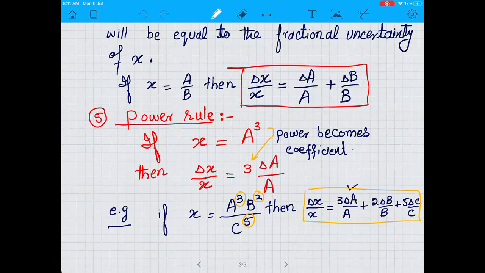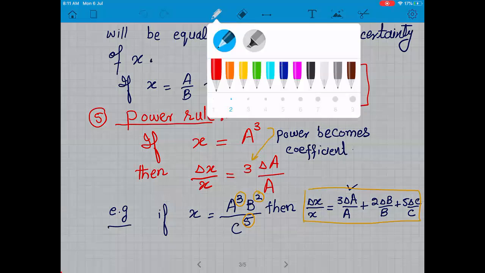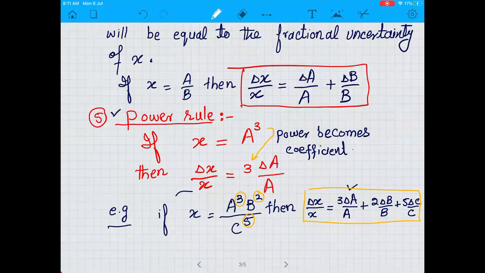Basically, for product and division, we have the same method to calculate the fractional uncertainty in the answer. Then number 5 was the power rule. Power rule is basically that in the uncertainty formula, the power becomes the coefficient, as you see here.